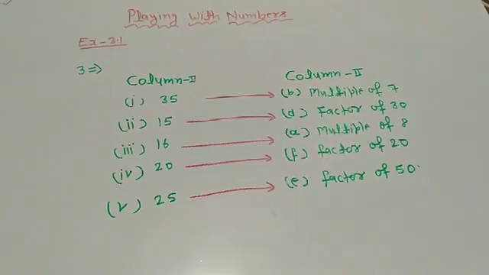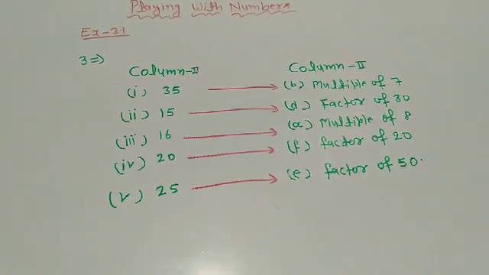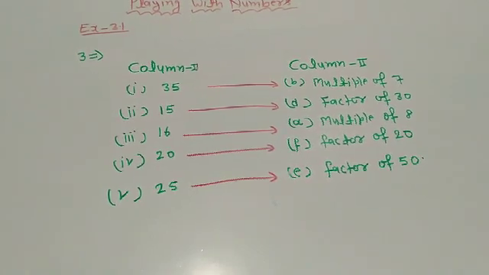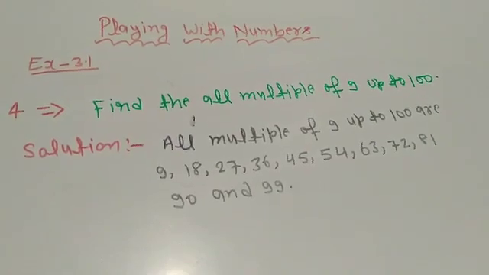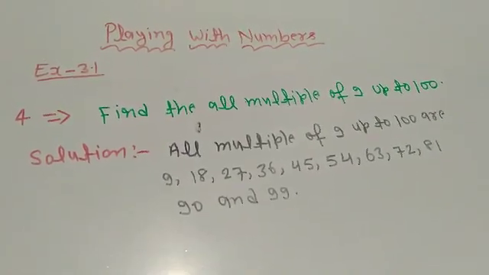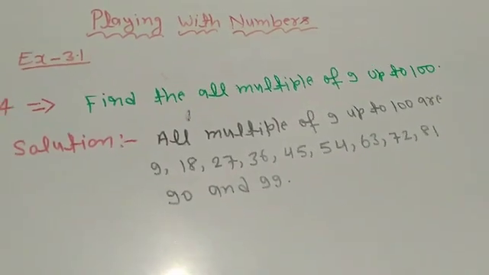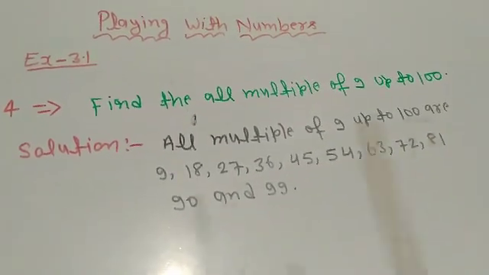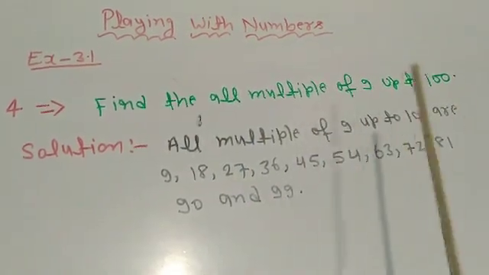Next, question number 4 of exercise 3.1. Here, question 4: find all multiples of 9 up to 100. All multiples of 9 up to 100.